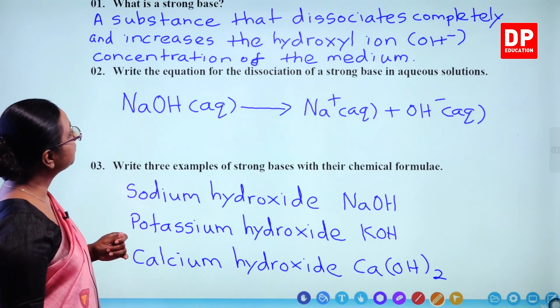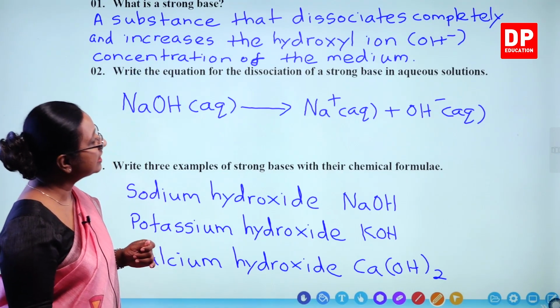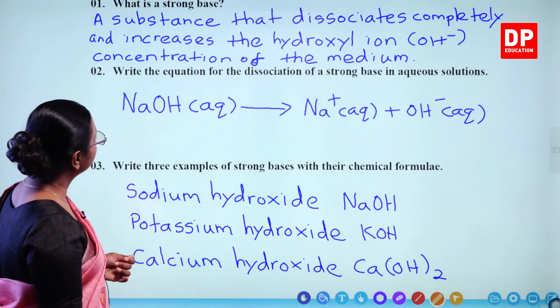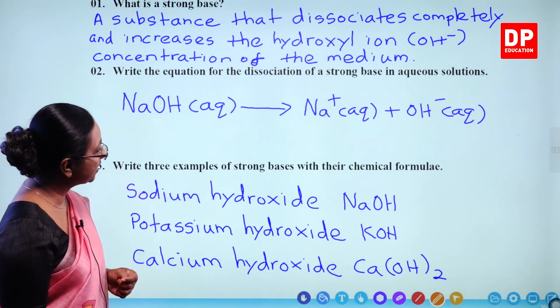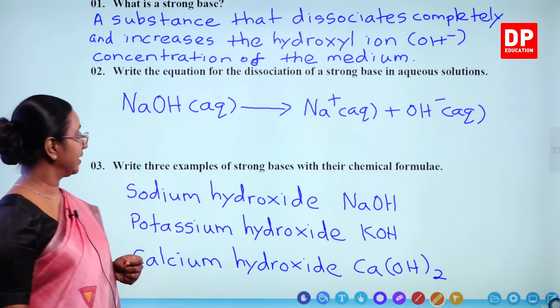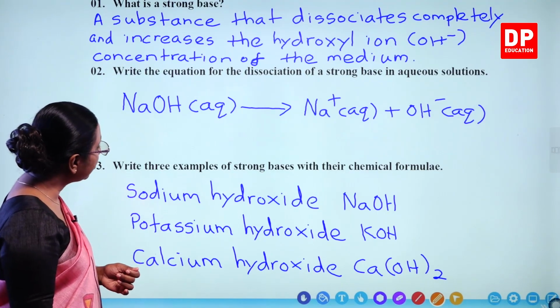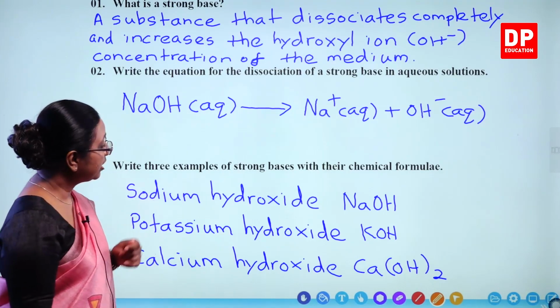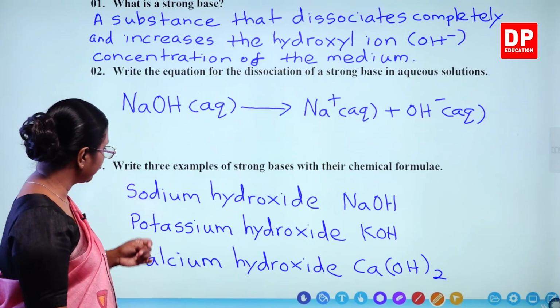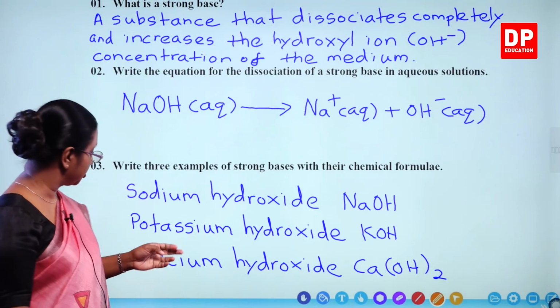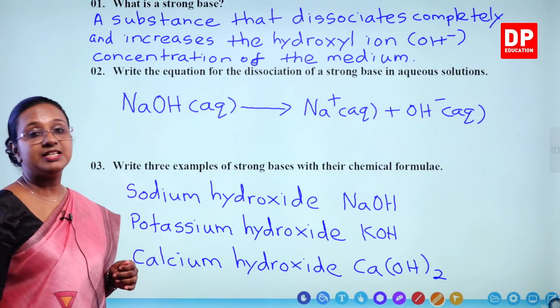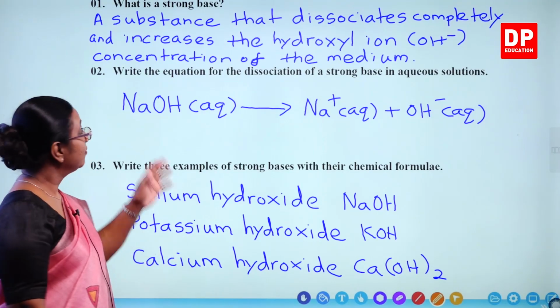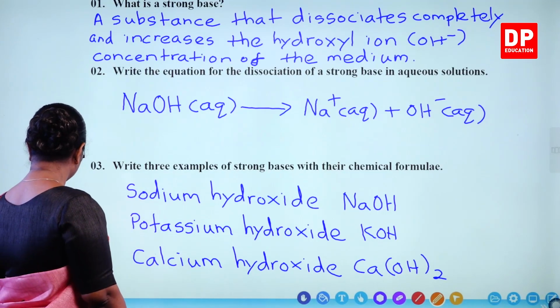Write the equation for the dissociation of a strong base in aqueous solutions. Sodium hydroxide aqueous becomes Na plus aqueous and OH minus aqueous. And write 3 examples of strong bases with their chemical formulae. Sodium hydroxide NaOH, potassium hydroxide KOH, and calcium hydroxide CaOH twice. With that, I will move on to the next question.